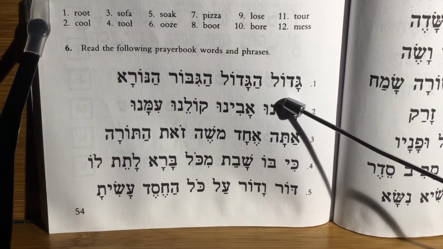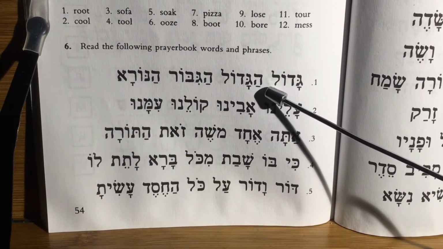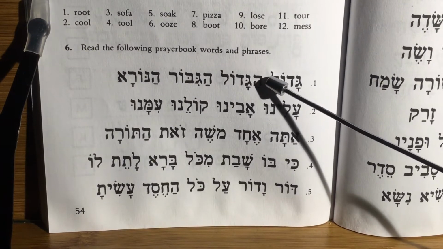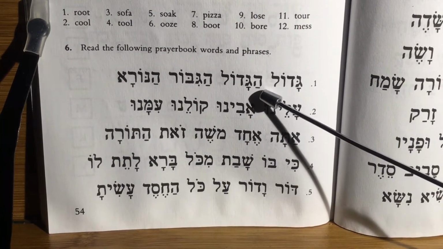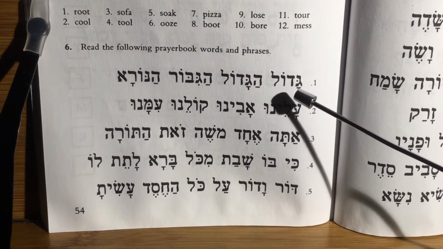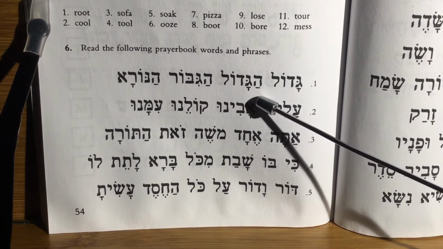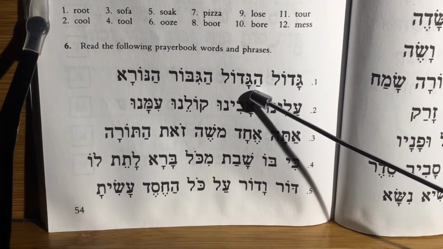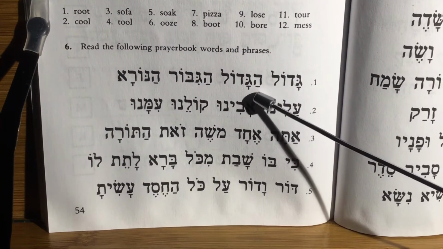Give it a go. Okay, and this word here is, well, you see, you have your consonant, and it's a hey. And then you have your vowel, it's a patach. It's one of the A-class vowels.